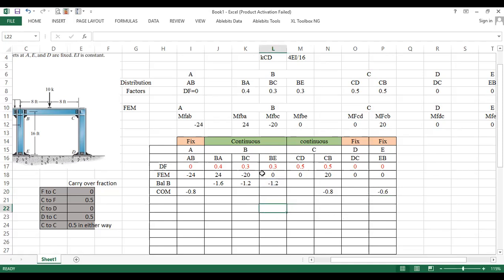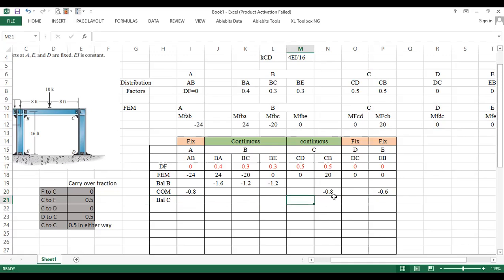It's done. Now B is balanced. Now C is still unbalanced. So the unbalanced bending moment at C has to be balanced. The unbalanced bending moment is 19.2.